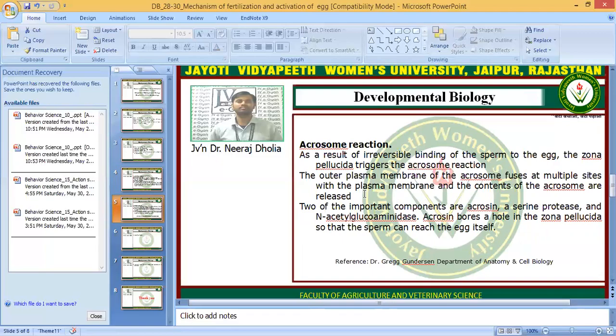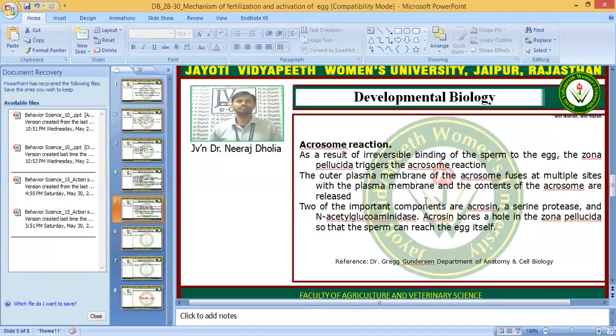So what happens in the acrosome reaction? The outer plasma membrane of the acrosome fuses at multiple sites with the plasma membrane of the egg.